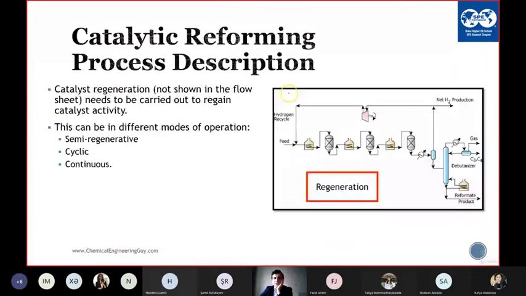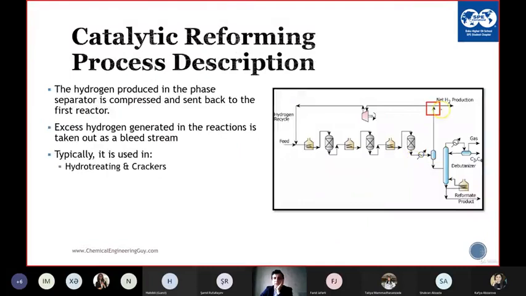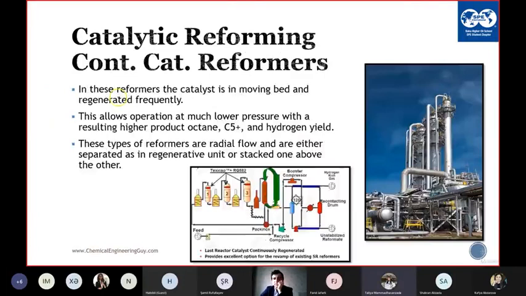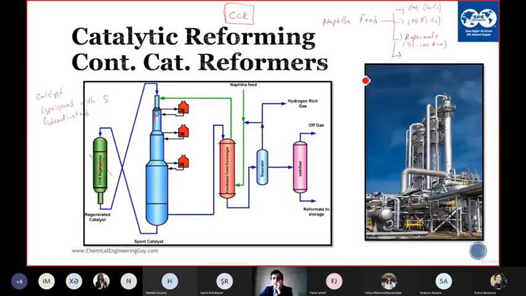No one has an idea. What is the first product? What do you see in this slide? Maybe hydrogen. Yes, exactly. Thank you. The first product is hydrogen.